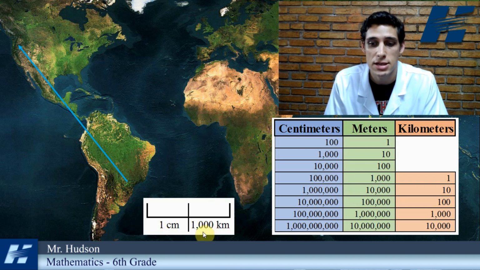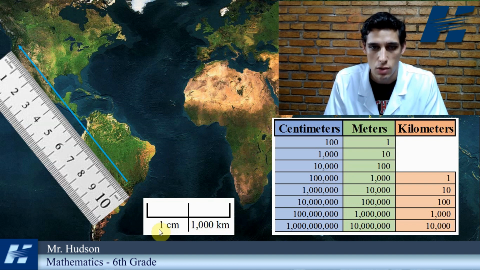So in reality, 1,000 kilometers. In your map, 1 centimeter. So every centimeter on your map will be representing 1,000 kilometers in reality, in the world.